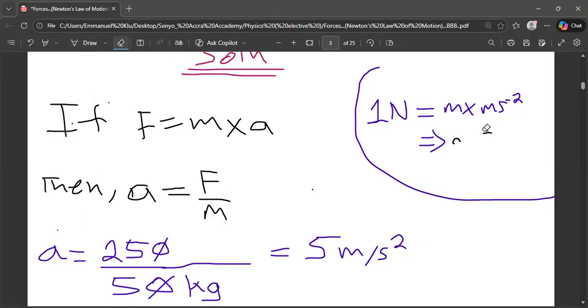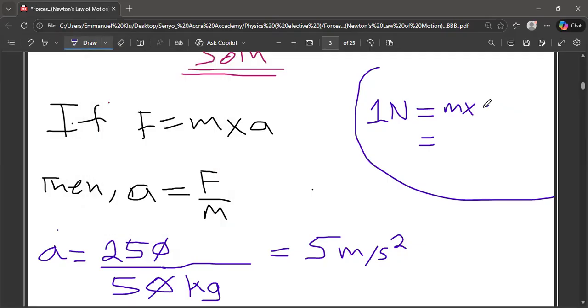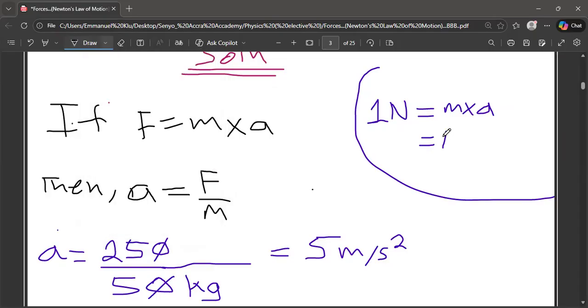The mass is measured in kilogram. Newton is equal to ma. And mass is measured in kg, kilogram. And acceleration is measured in meters per second squared.